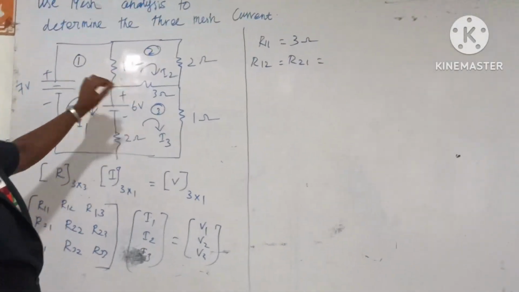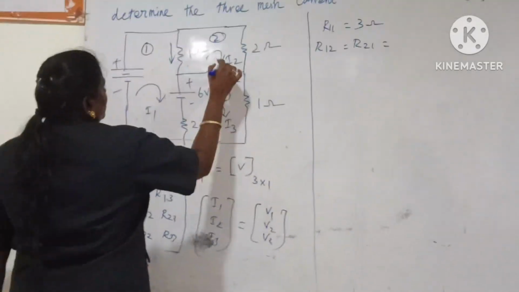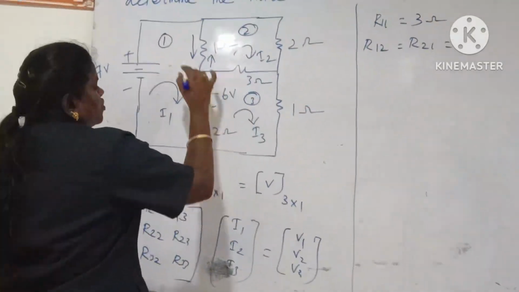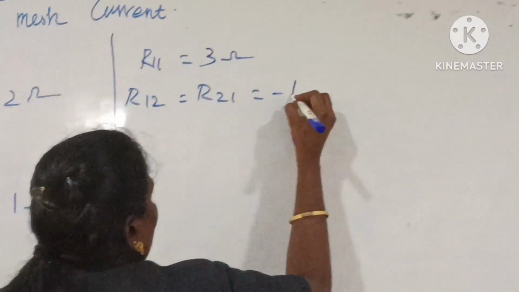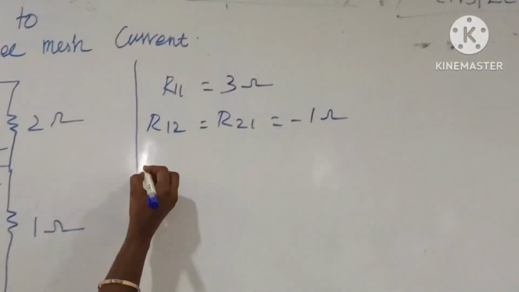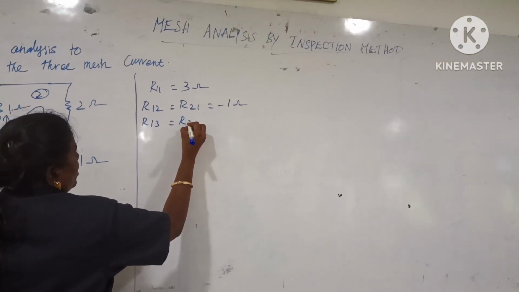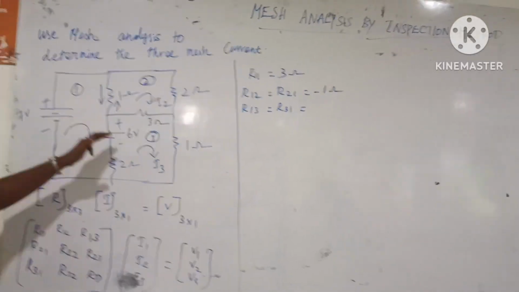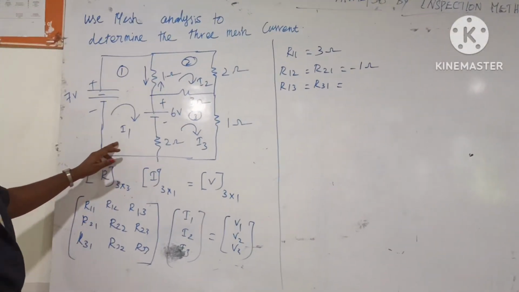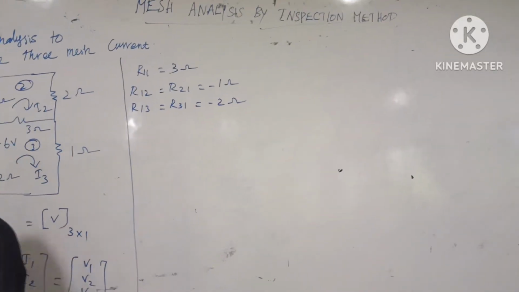The current direction of I1 is this one and I2 is this one, so they are in opposite directions, so we put a negative sign: minus 1 ohm. Next, R13 and R31. The common resistance between loop 1 and 3 is the 2 ohm resistance, so minus 2 ohm.